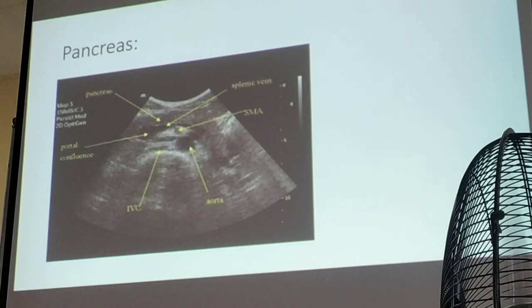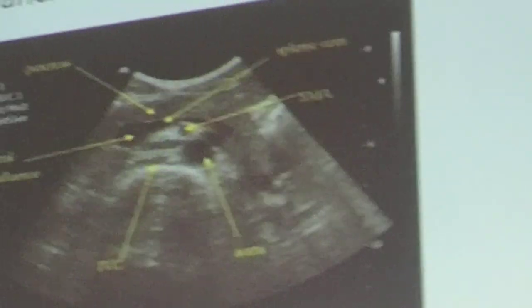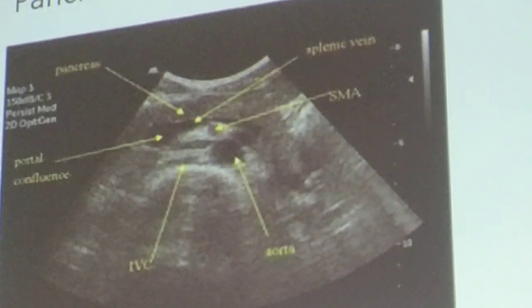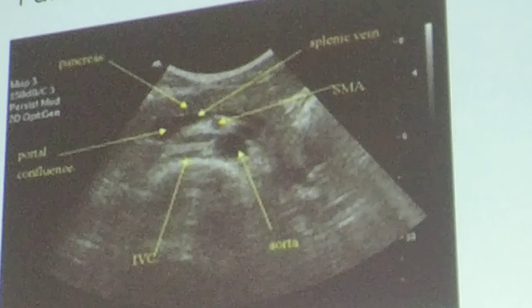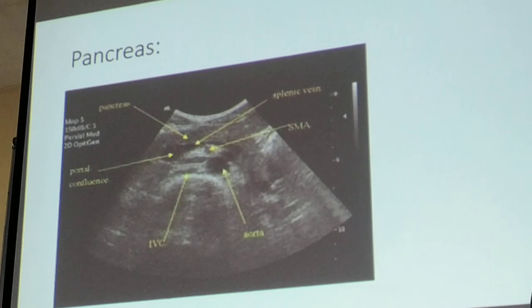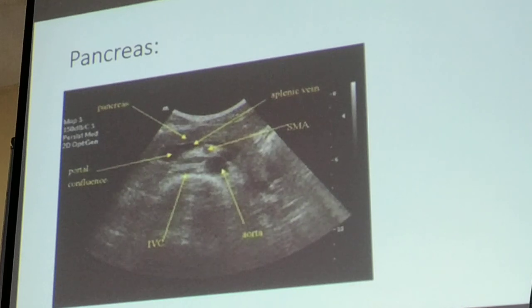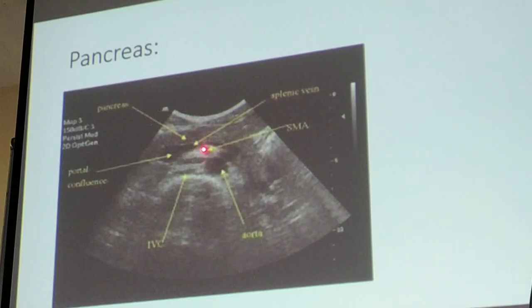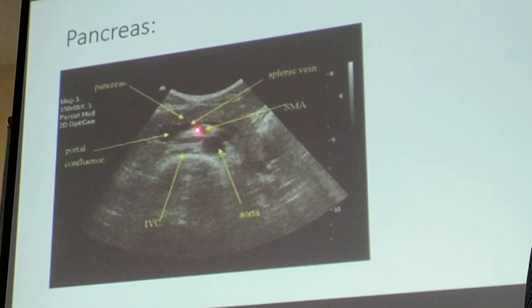There you are. You'll see. So SMA, splenic vein, and then your no, it's not the lower. Confused with your superior mesenteric. I'm not sure if it's even hepatic actually.